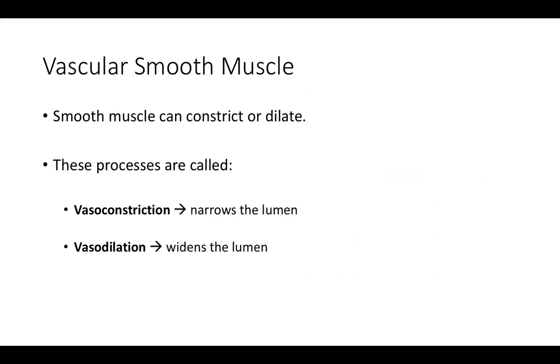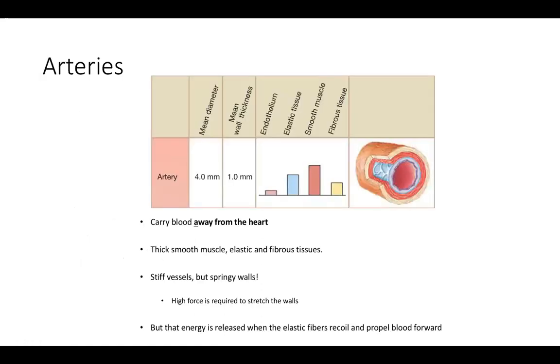When this happens, the blood vessel either constricts or dilates. When it constricts, the term is vasoconstriction, and when it dilates, we call it vasodilation. Vasoconstriction narrows the lumen of the blood vessel, whereas vasodilation widens the lumen. Just keep that in mind as we talk about this.